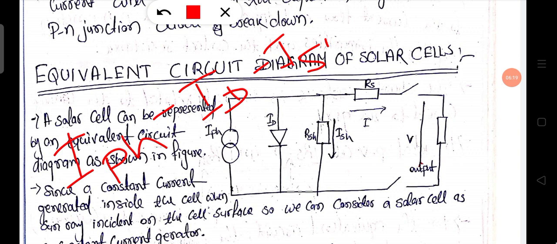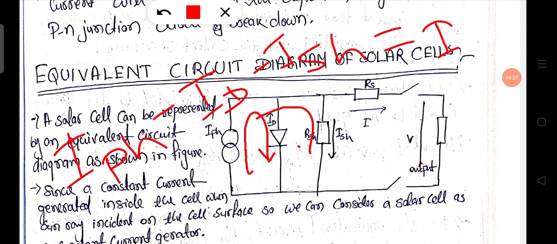You see this current going here and here also. After that we get I. So from this current we subtract this current and this current to get I.